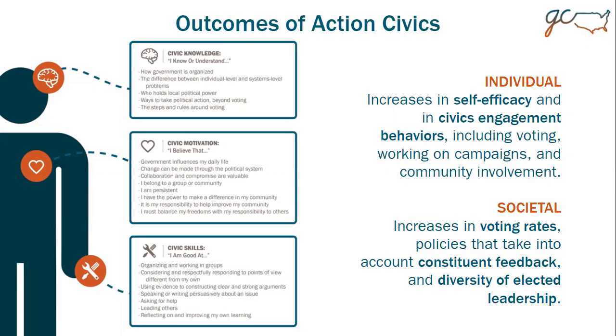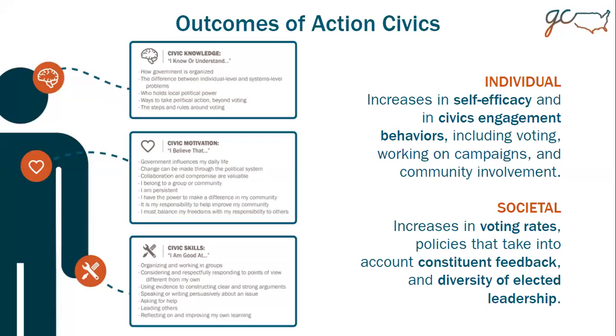And then there's the civic motivation, this heart piece of belief that you can make change, even though it can be incredibly frustrating or hard, knowing that if I'm persistent, if I work with a group of people and collaborate with my peers, that I can make change. And then finally, civic skills. So what am I actually good at doing now as a result?